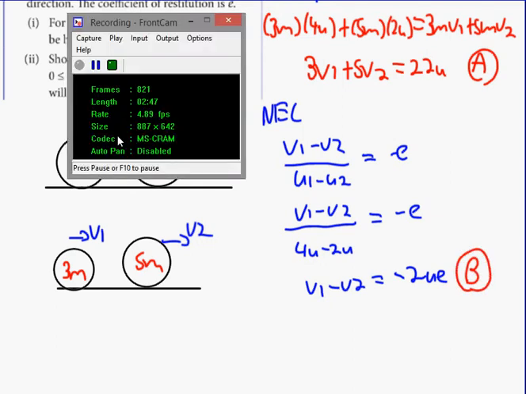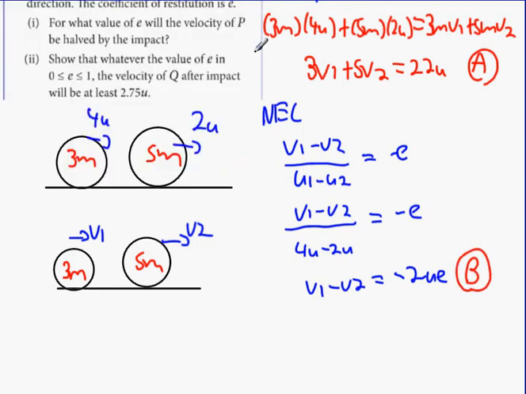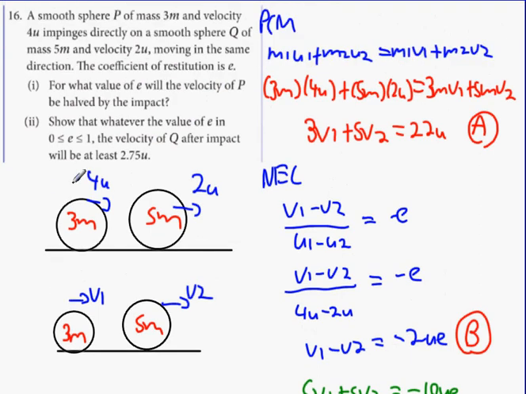So I'm going to multiply the bottom equation B by 5. So we're going to get 5v1 minus 5v2 equals minus 10ue. If I reread the question, it wants the velocity of P to be halved. So I really want to find out v1 before I find out v2. This is just correct time management.